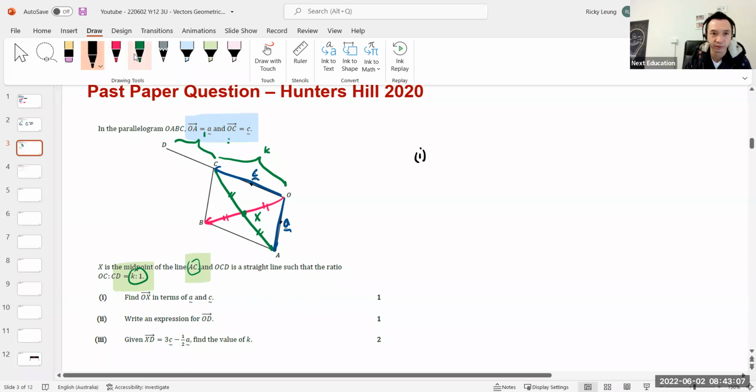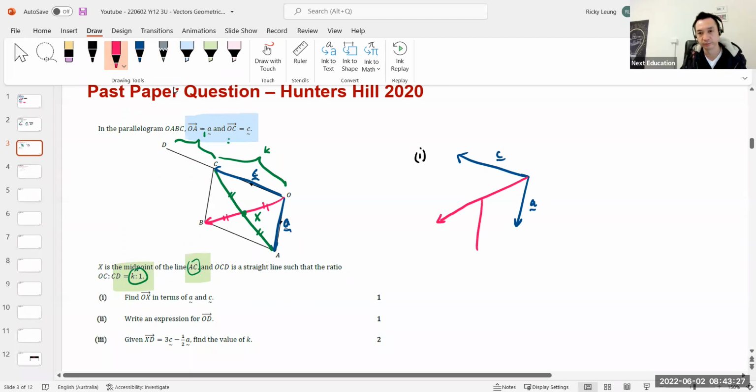So I know, if you had to sort of prove it to yourself with my blue, you've got this guy over here, you've got this guy over here, that's A, that's C. If you put them head to tail, you'll get this guy being the sum. Then the one that goes right in the middle there, which is my OX, would be half of that.